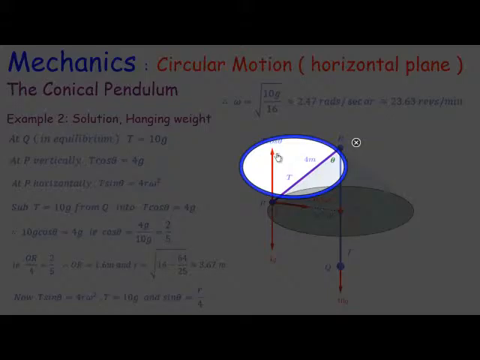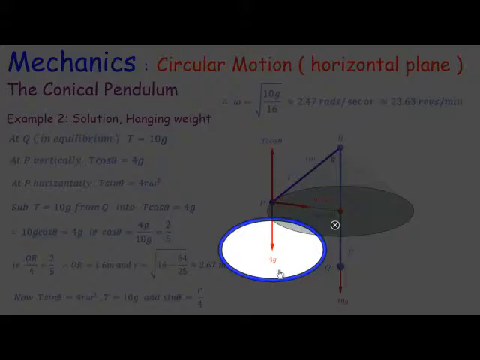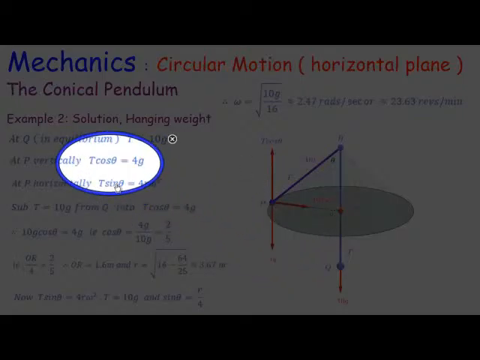It will be going through the angle theta, so it's going to be T cos theta, and that's balanced by the weight. It's in equilibrium. The particle's not rising or falling either. We're assuming it is supporting the weight, and so T cos theta equals 4g.